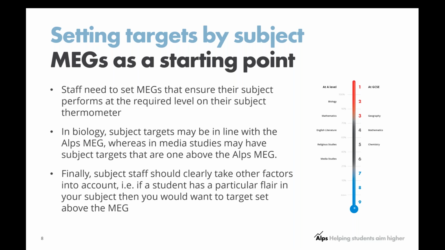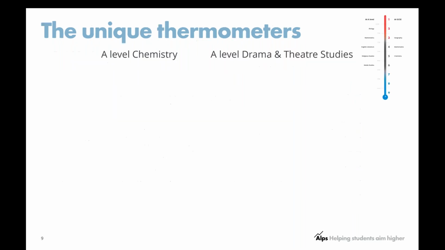So for example, in art, if your MEG is a grade C/D at A level, but you know that student is a phenomenal artist and got a 9 at GCSE, then you're clearly going to want to set targets higher than C/D at A level. So that's the theory, but obviously there are exceptions to those rules.